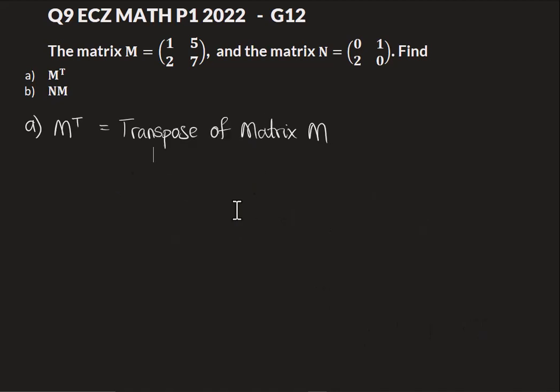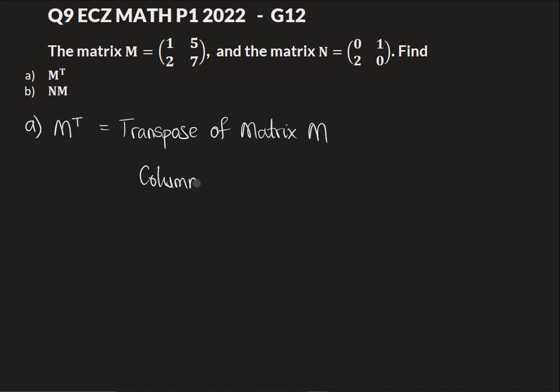So when we are saying the transpose, we mean we're going to swap the rows and the columns. The first column is going to be the first row. The second column is going to be the second row. So in this case, column 1, I'll try to explain everything.